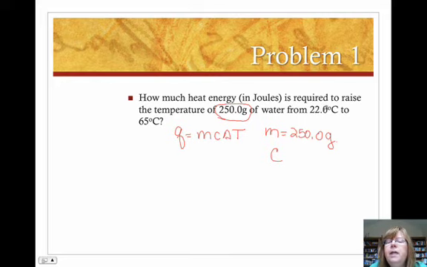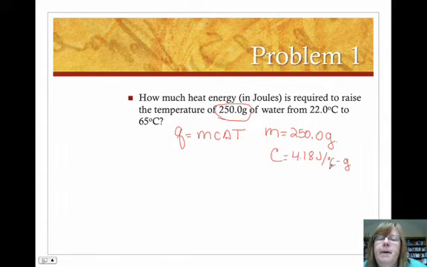And we're at 22 degrees Celsius, so this is liquid water. And if we look up its heat capacity, it's 4.18 joules per gram degrees C, it doesn't matter. All right, that's not a minus sign, that just means both units are in the denominator. And how much is our temperature changing here? We're going from 22 to 65, so we're heating it up, let's see, 43 degrees Celsius.